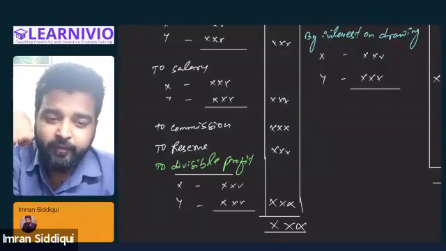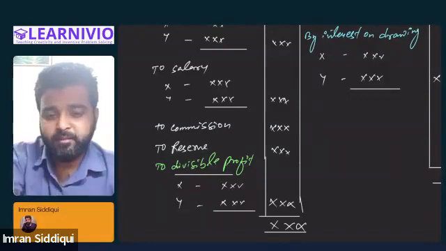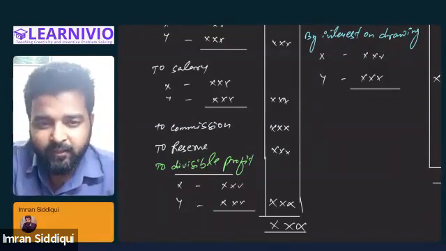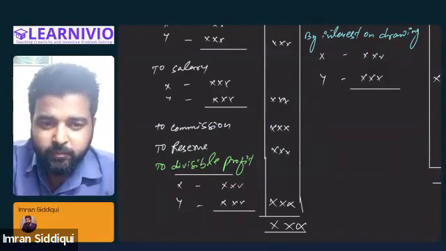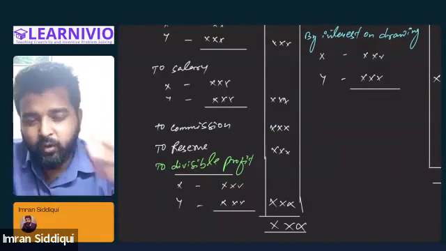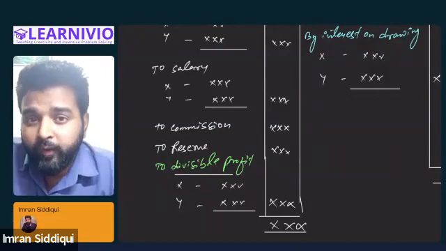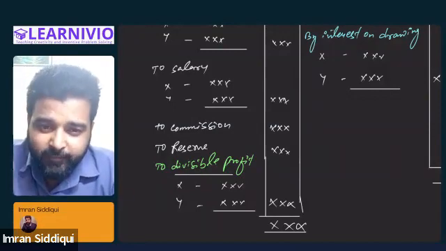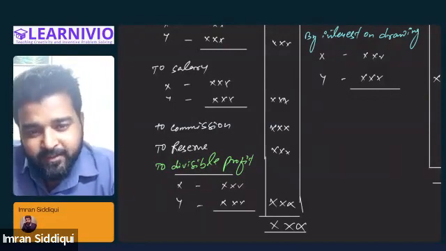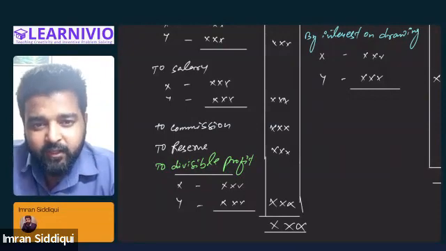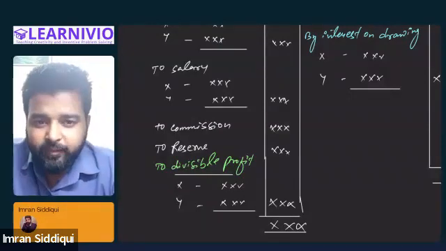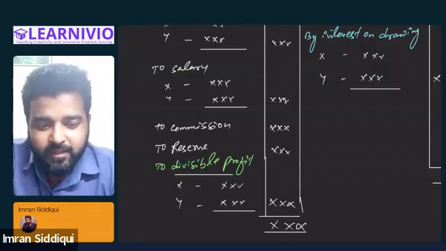Now, what will happen if the credit side is less than the debit side? Let's suppose the debit side is greater than the credit side. It may be possible, no? If you subtract all the debit side items out of the credit side, there is a possibility that the debit side may exceed. If the debit side exceeds, that means expenses are on a higher side than the income.